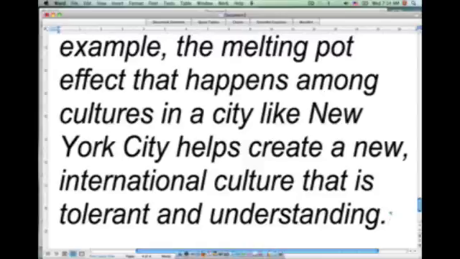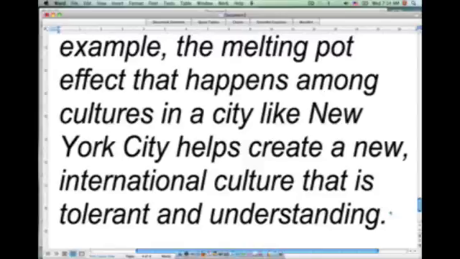So now I think everybody in the world would agree that the qualities of tolerance and understanding are positive things, and the fact that these result from certain areas of the world where the melting pot effect happens plays as good evidence that conformity in some instances is a positive thing, is a good thing.